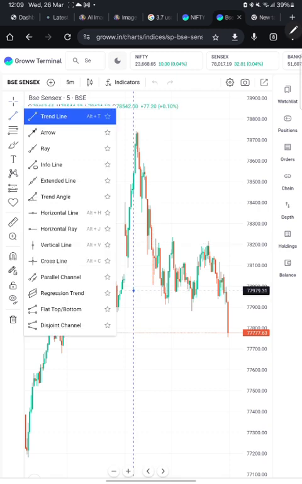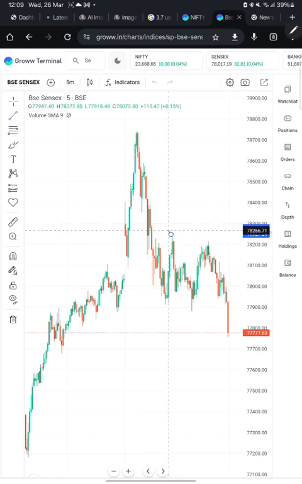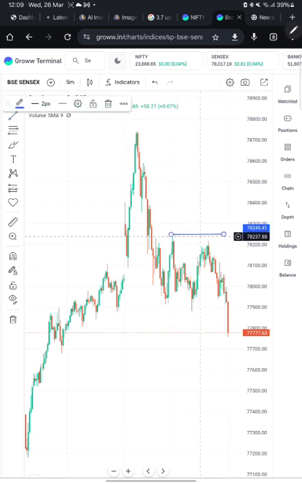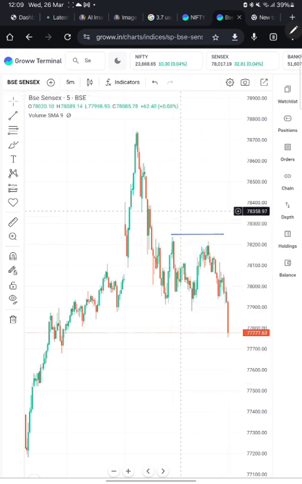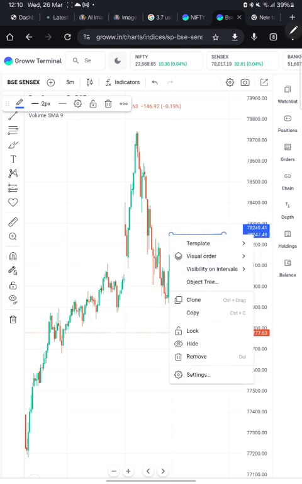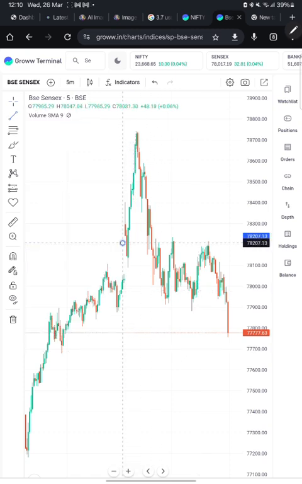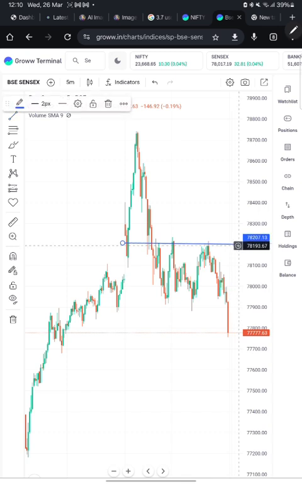I'll just quickly draw the line here. So this line, wait, I'll draw another line, starting from here all the way up to here.